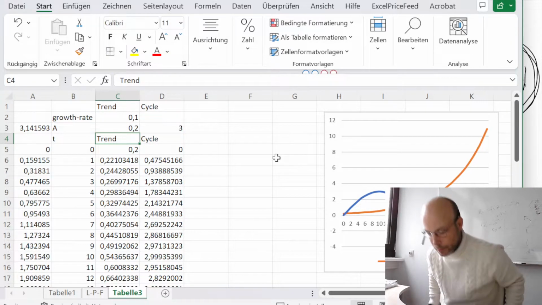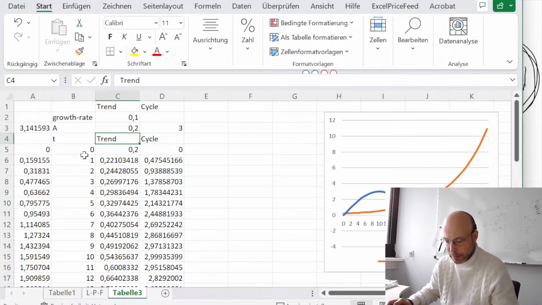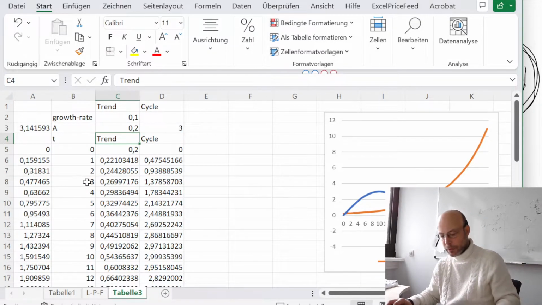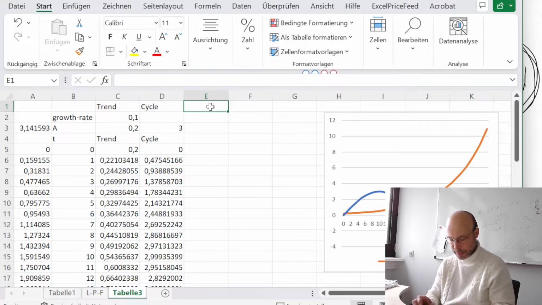So what else? If we interpret our T as first quarter, second quarter, third quarter, and so on, then we could say that we want to create seasonal data.